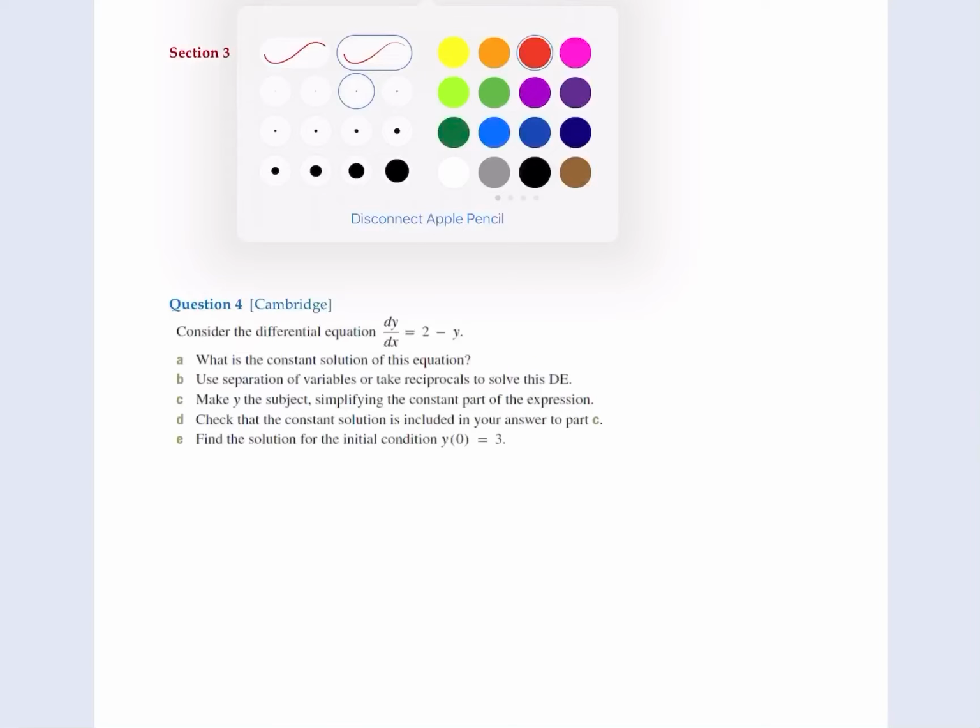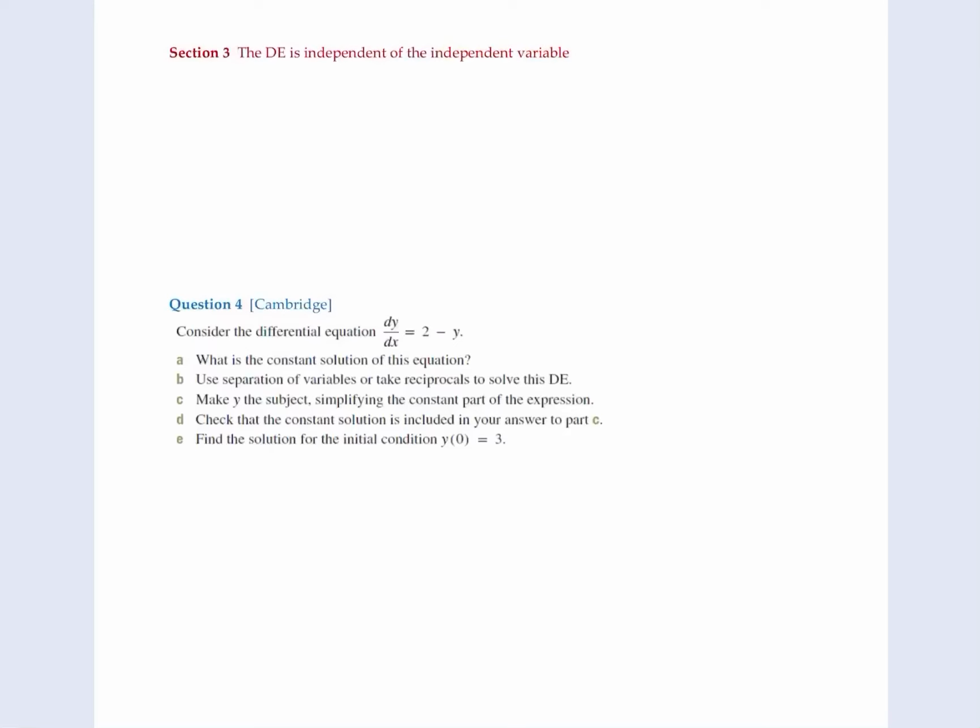Okay, quick comment. This is inspired by the Cambridge text. It didn't occur to me myself. The differential equation that we're solving here is independent of the independent variable. That's almost a pun, isn't it?